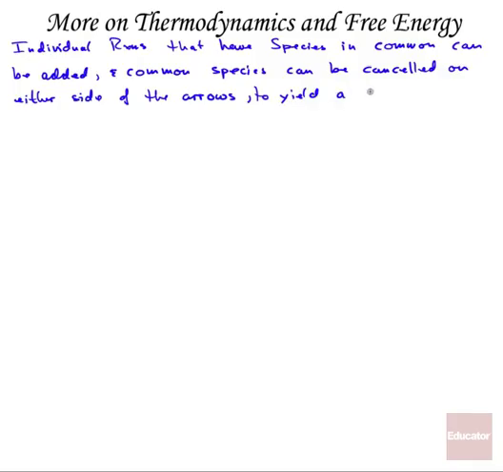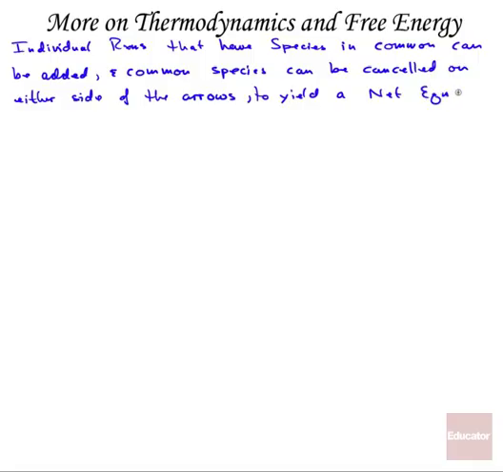So individual reactions that have species in common can be added, and common species can be canceled on either side of the arrows to yield a net equation.